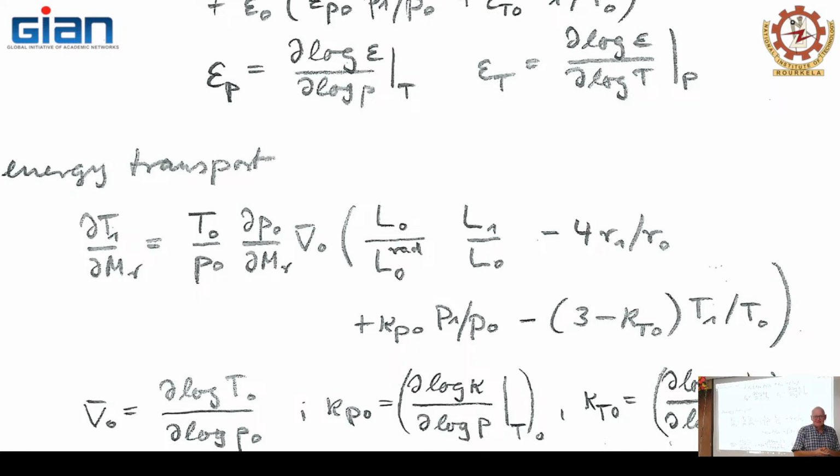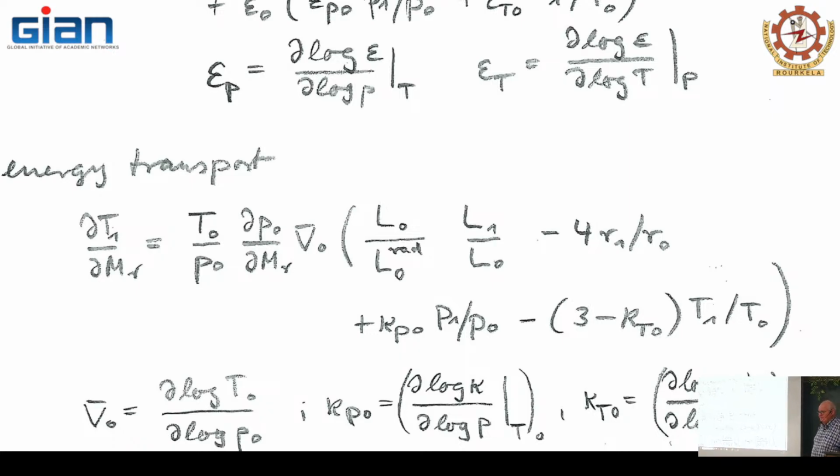We keep in mind it's not the radiative nabla, it's not the adiabatic nabla, it's the value of nabla for our specific model we have determined previous to the stability analysis. Here is the definition of kappa p0. All these quantities have to be taken from the hydrostatic model because they are multiplied with terms of first order. So these are the definitions of nabla 0 and the kappa p's and the kappa t's.